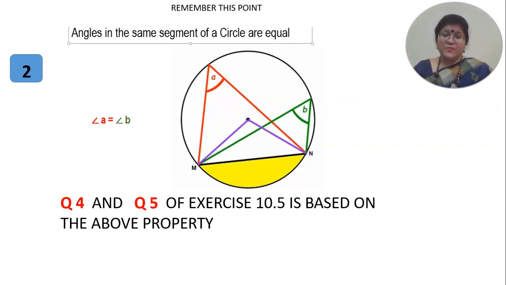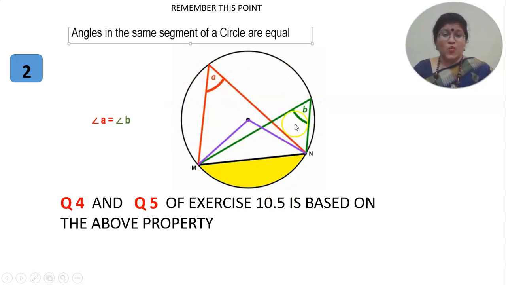Now this is another important property from exercise 10.5. Angles in the same segment of a circle are equal. If you have seen the previous online video, you will know what the segment of a circle means. It is the chord of a circle that divides the circle into two parts, into two regions.